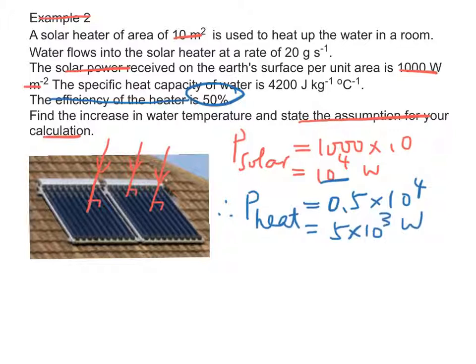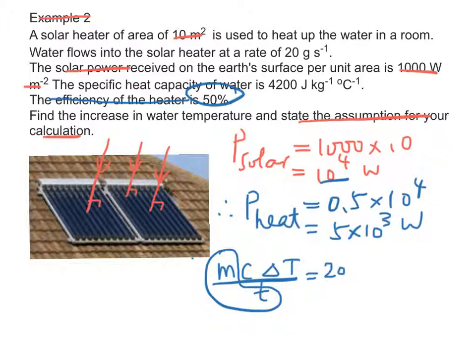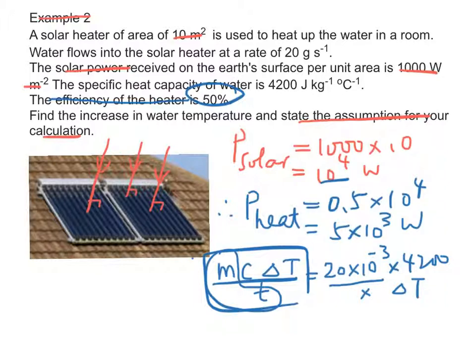And the rate of heat absorbed by the water is equal to mc delta T over time T, which is equal to 20 times 10 to the power -3 kilogram per second times 4200 times delta T. And this heat absorbed, the power equal to the power produced by the solar, which is equal to 5 times 10 to the power 3.